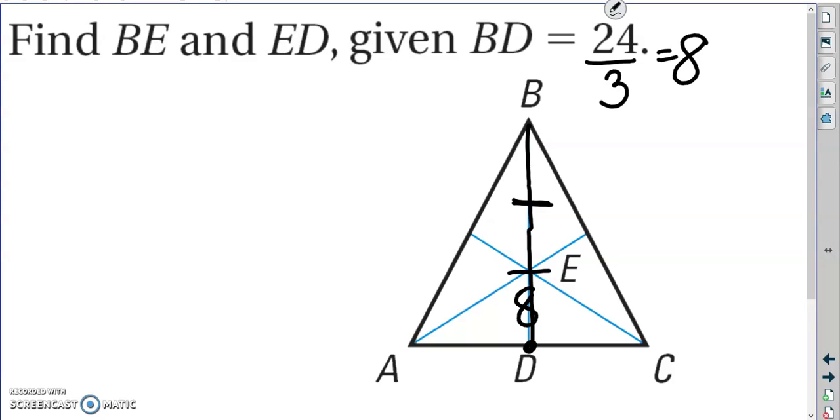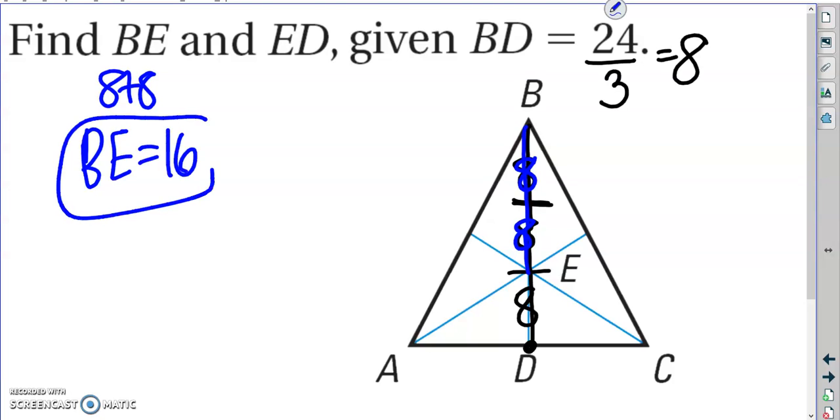And we said that each third is 8 units long. So BE is 8 plus 8, which is 16. And ED is just this 1/3, so that's just 8.